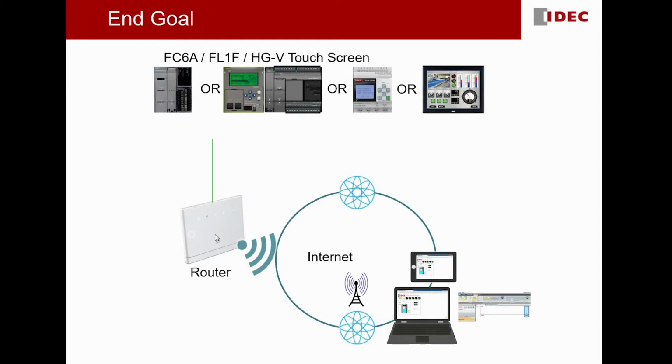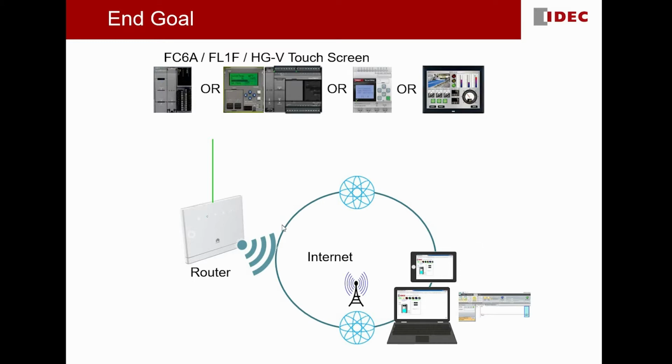This provides internet access to my FC6A plus. On the other end, I have my monitoring device, my mobile and my laptop, which also have internet access through another mobile hotspot. So this is basically the setup I have for this tutorial.